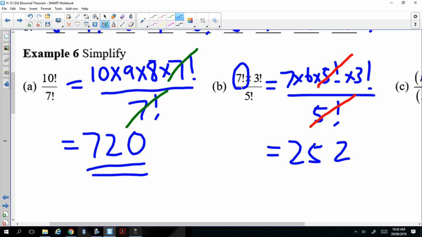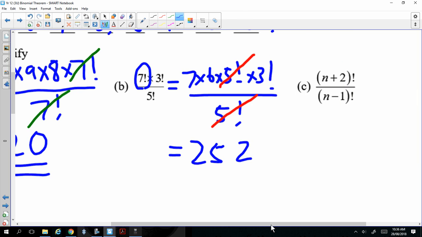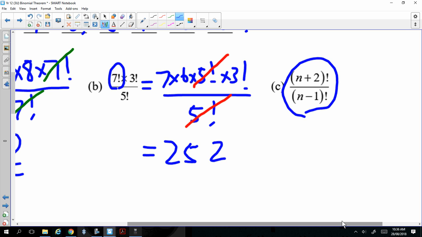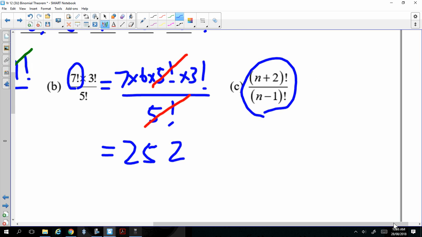Now, why do we need to know this without a calculator? So we can do questions like this, where you can't do it with a calculator. So what you do is this. You unroll the bigger one. Which one's the bigger one? The one on the top. N plus 2, and then n plus 1. Oh, I've run out of space. Let's write it below. Sorry.